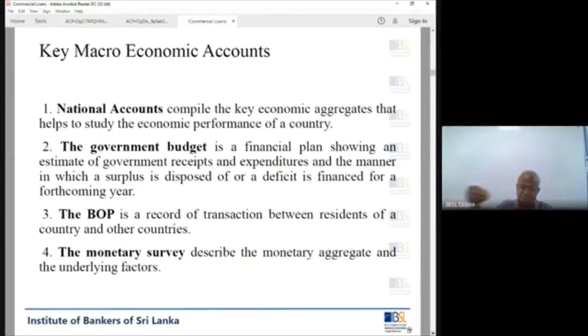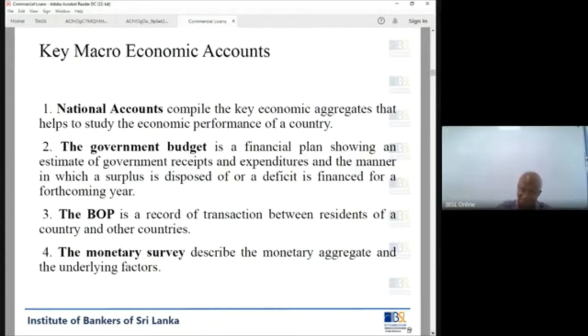We borrow loans, give loans. Foreigners buy treasury bills and treasury bonds. Foreigners buy shares of local companies, blue chip companies. Foreign governments give loans. The IMF gives loans. When China leases out Hambantota for a longer period, they give 2.7 billion to the country. So these are foreign transactions.